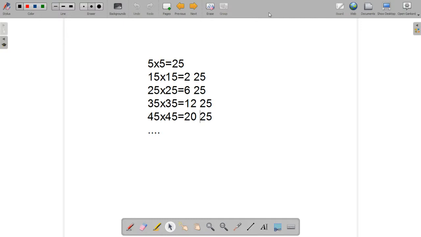Hopefully, what I want you to see is what all these numbers have in common. You're squaring these numbers. When you square a number, you basically multiply it times itself. What happens when you multiply a number that ends with 5 by itself? Well, you get 25 at the end.